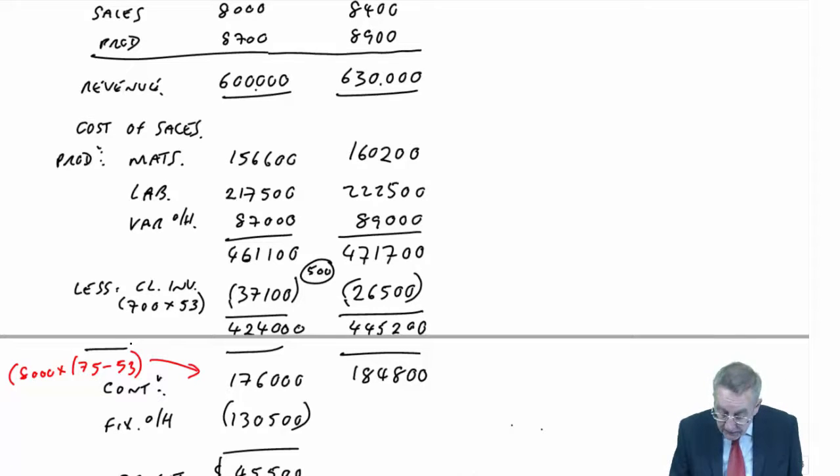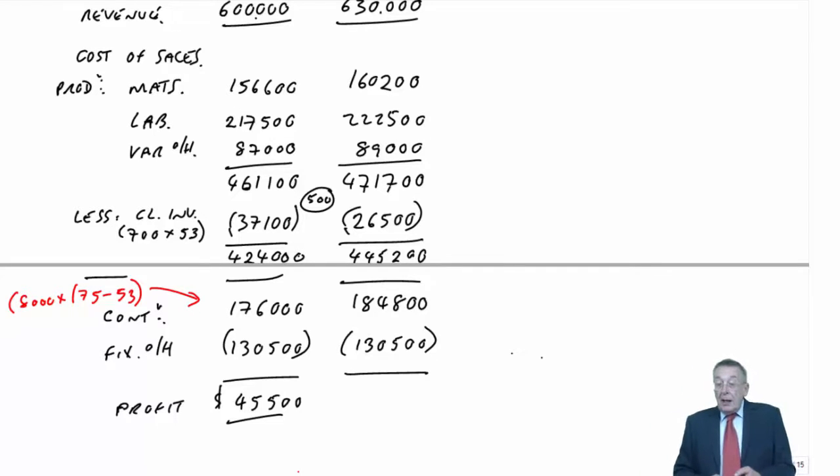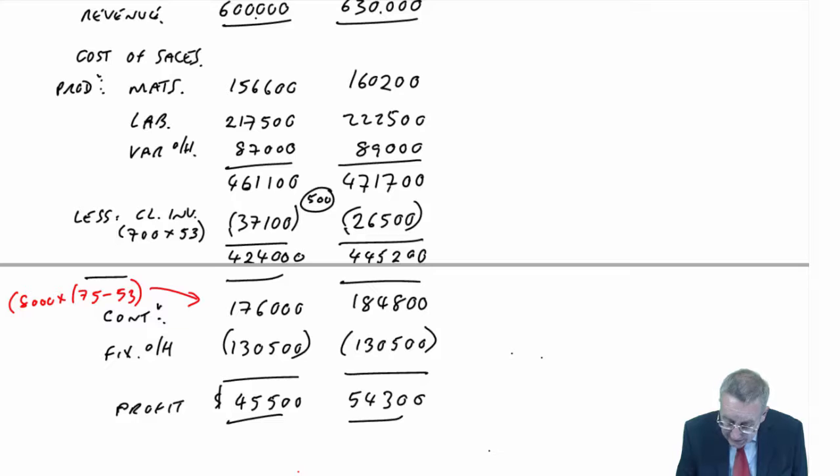The fixed overheads, they should stay at budget of 135,500 by definition, and therefore on our actual level of activity we're now expecting a profit of 184,800 minus 135,500. That can't be right, sorry, 184,800 minus 130,500, 54,300.